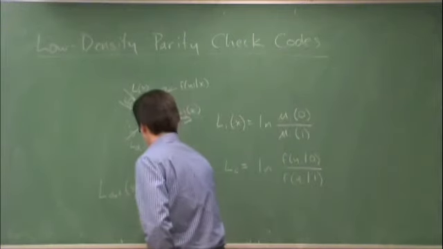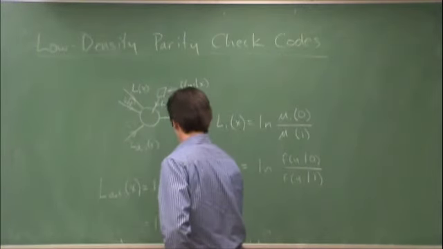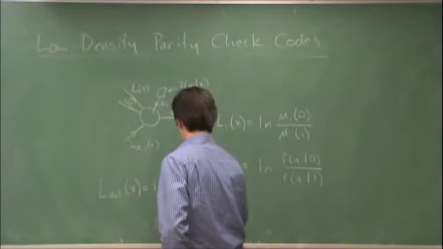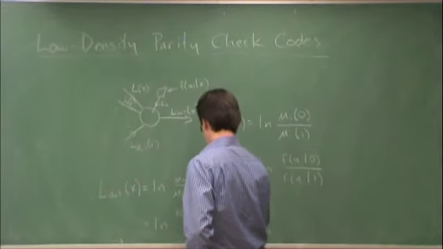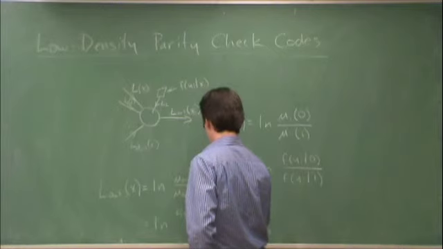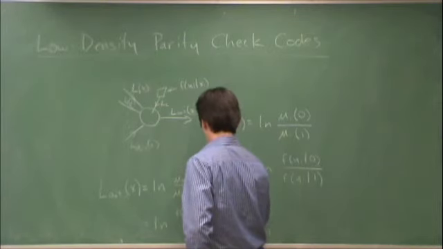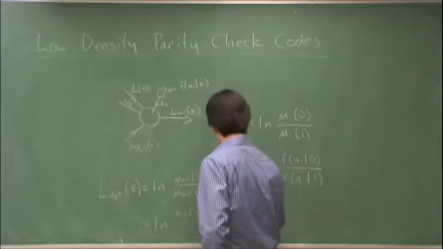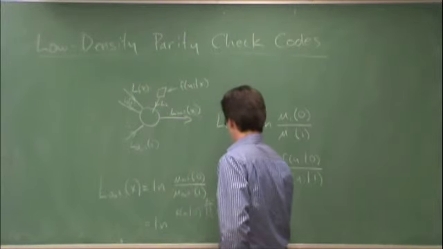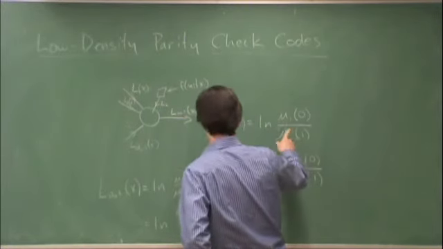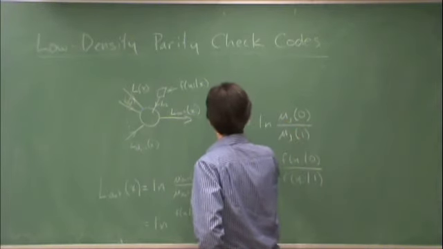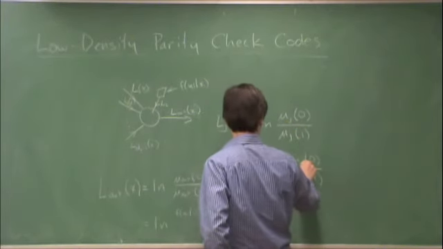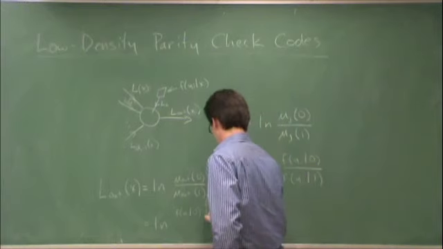Mu out is equal to f of yi given xi, so in the numerator I have f of yi given 0 times the product from j equals 1 to dv minus 1 of mu j of 0, divided by f of yi given 1 times the product j equals 1 to dv minus 1 of mu j of 1. I'm overusing i here, I used j before, so let's continue to use j here.